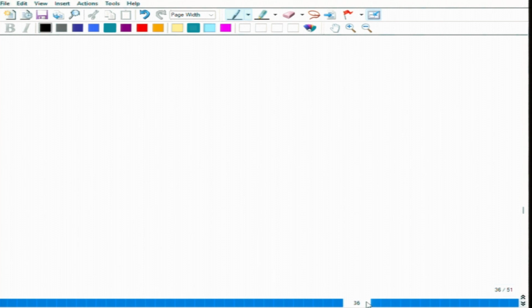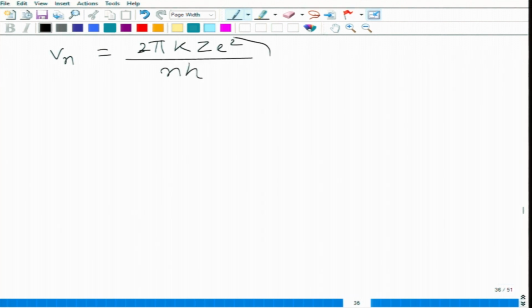So we get the velocity Vn as 2 pi k Z e squared by nh. So this is the formula of velocity of electron in nth orbit.